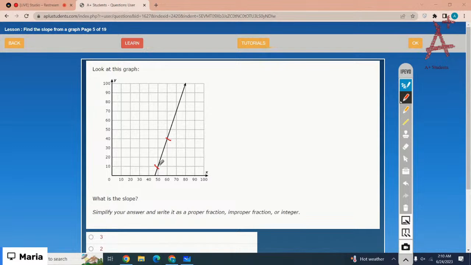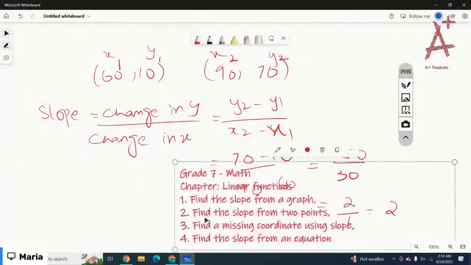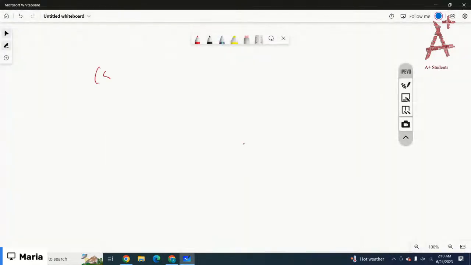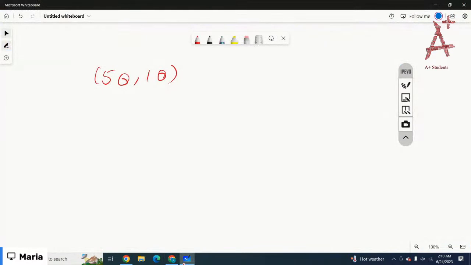For this one, x is 50, y is 10. And for this one, x is 60 and y is 40.